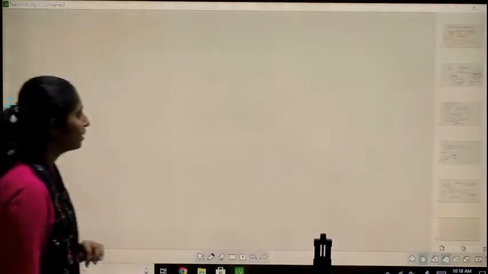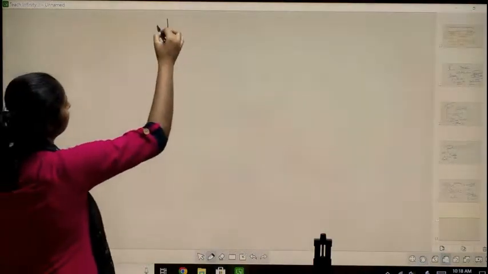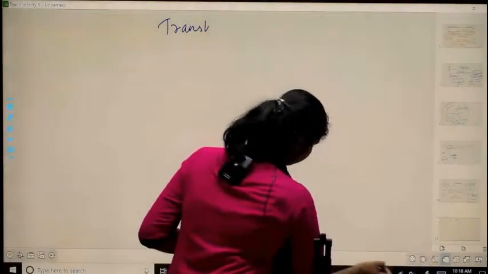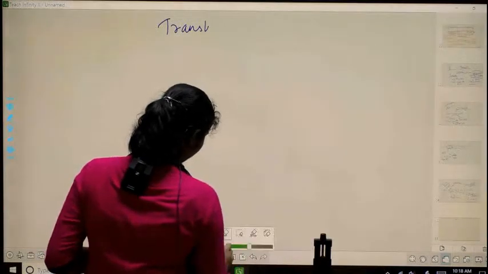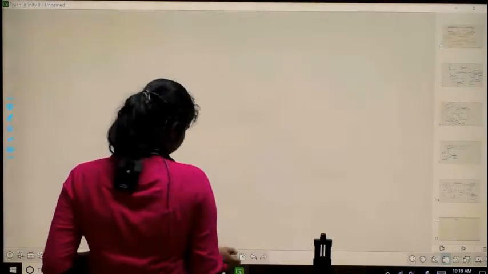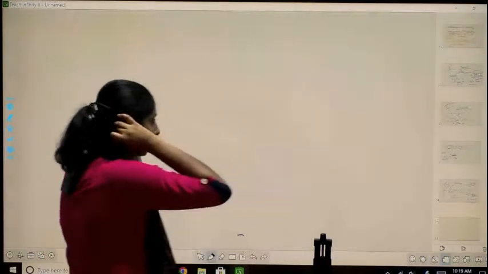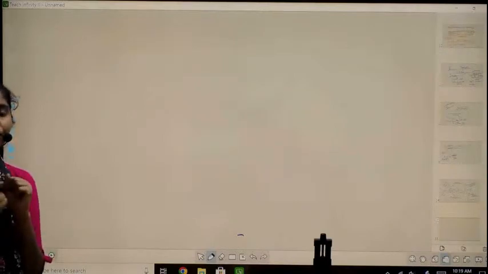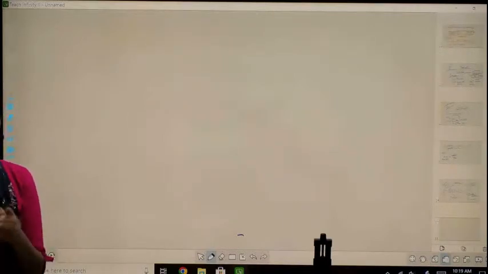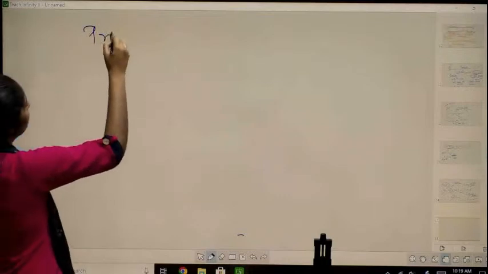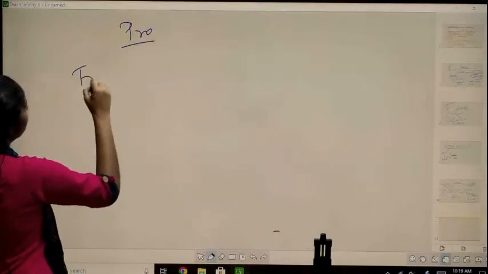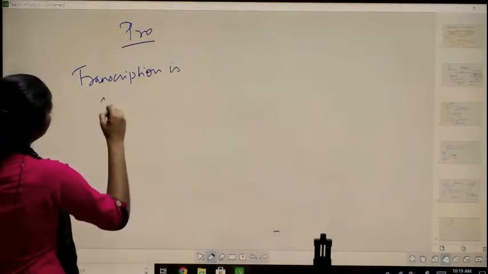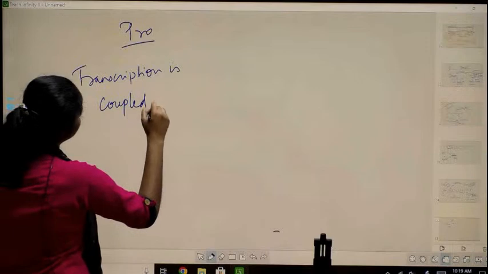Okay. Now let's talk about translation. Now in case of prokaryotes, as soon as they finish with the termination, the process of translation starts, right? So in case of prokaryotes, the process of transcription is coupled with translation.